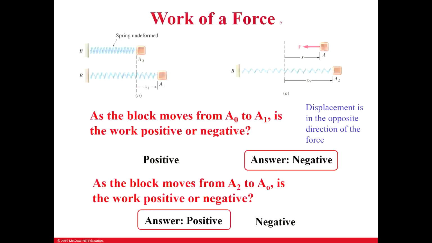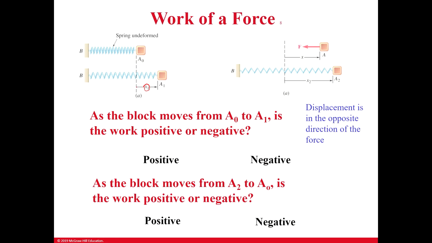Well, in this case, the first one, from A0 to A1, the work is negative. As the block moves from A0 to A1, we went from an undeformed state to a deformed state where the spring is losing energy, right? The maximum energy of the spring is at this point, the minimum energy of the spring is at this point.